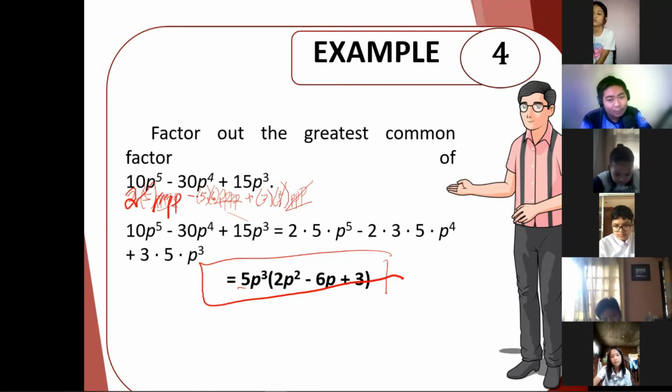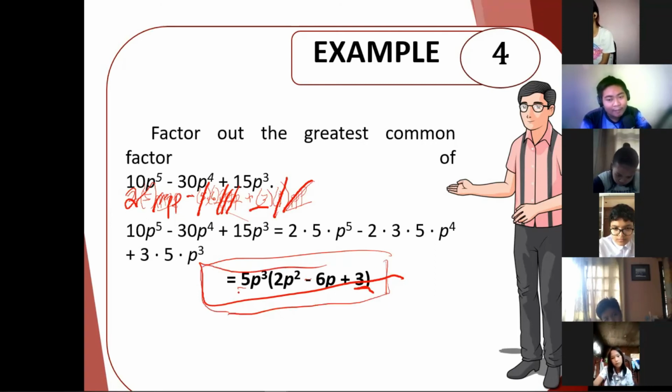For the second term, we have minus. Okay, minus. We have, tanggalin mo yung 5, tanggalin mo yung tatlong p. Ilan matitira? We have 6p. And then for the last term, tanggalin mo yung 5, tanggalin mo yung tatlong p. Ang matitira, 3. Okay? Ayan. So, you can recheck your answer. 5p cubed times 2p squared.